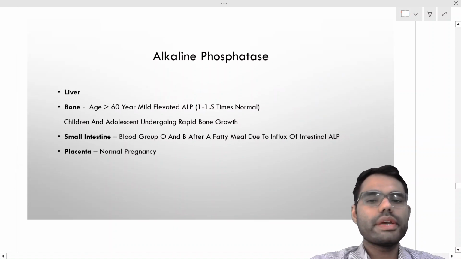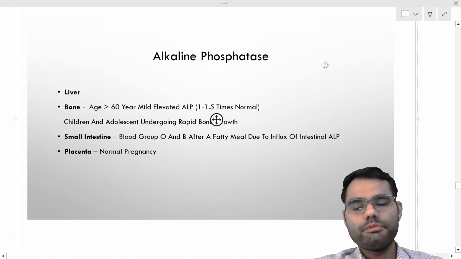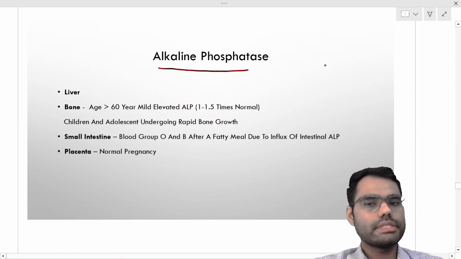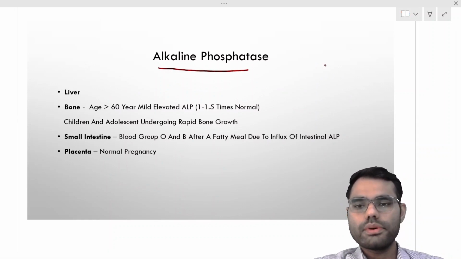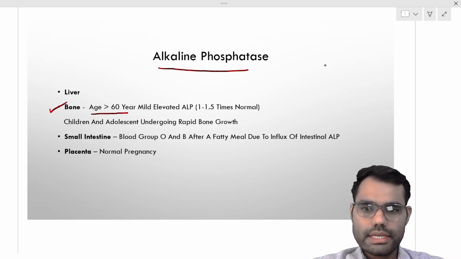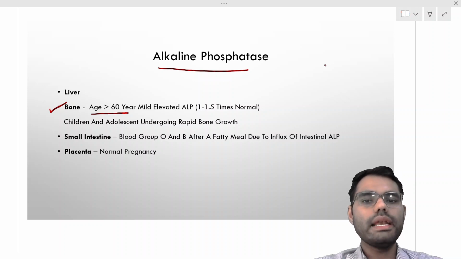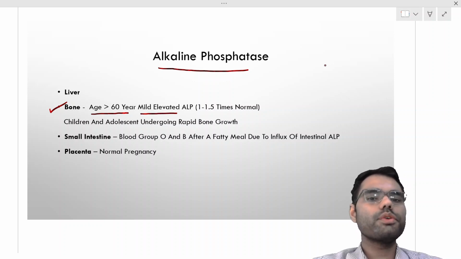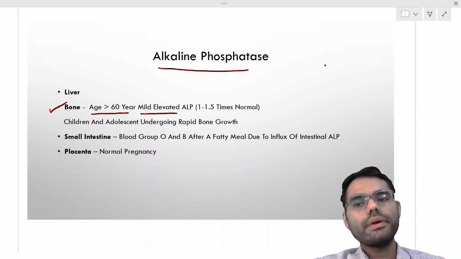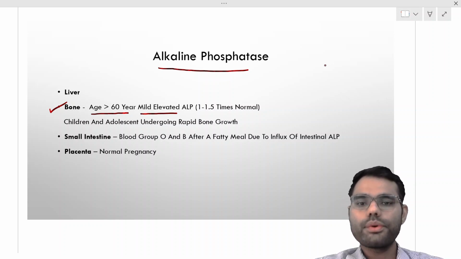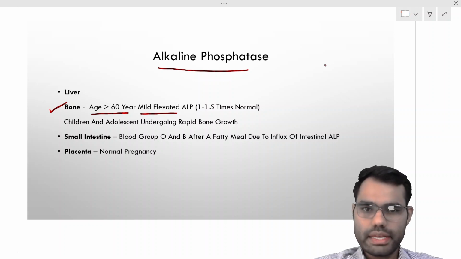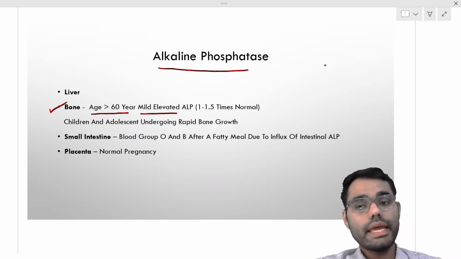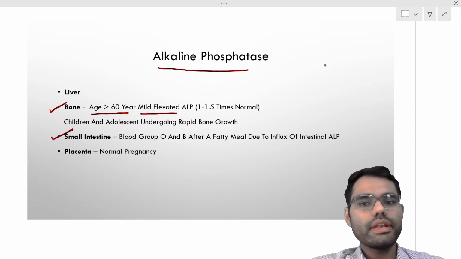So the important question is, apart from the liver, where else is alkaline phosphatase secreted? It is also released from bones. So in individuals more than 60 years of age, there is mildly elevated ALP, usually 1 to 1.5 times normal. Also in children and adolescents undergoing rapid bone growth, there is elevation of alkaline phosphatase. Then it is also released from the small intestine.